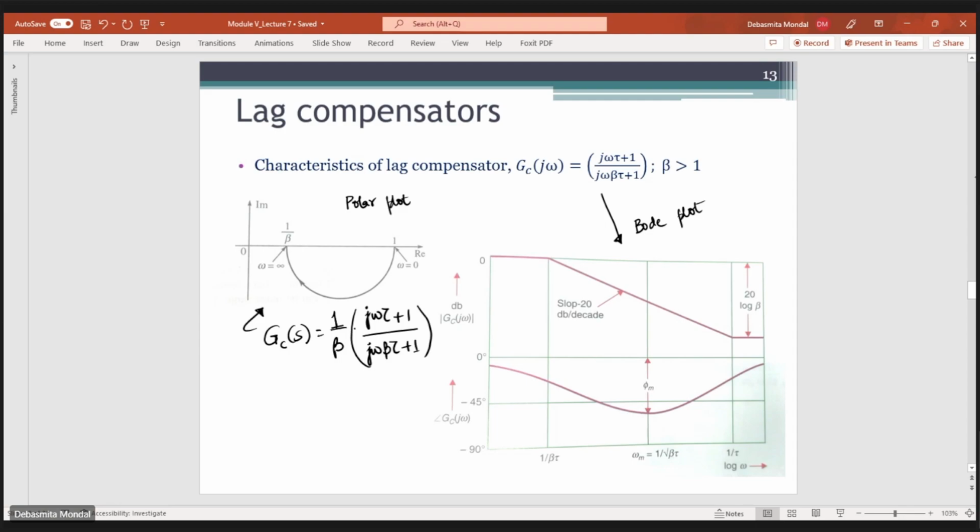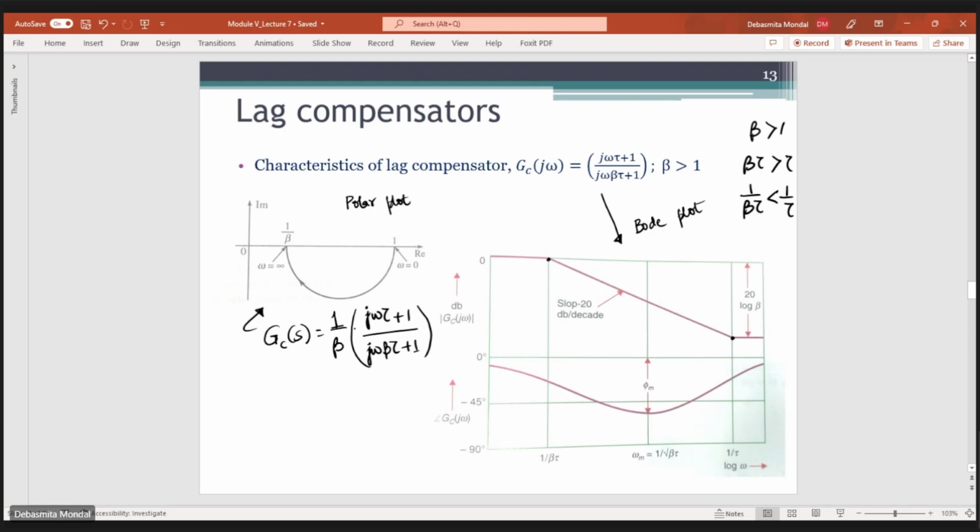In this Bode plot you see that the high frequency signals, that is the noise signals, are attenuated. Since it is minus 20 log beta, the high frequency noise signals are attenuated if we use a lag compensator, and at low frequencies, that is the control signals, there will again be the same amplification of 1.